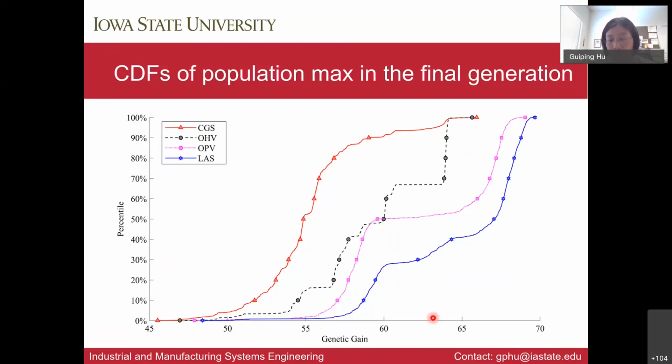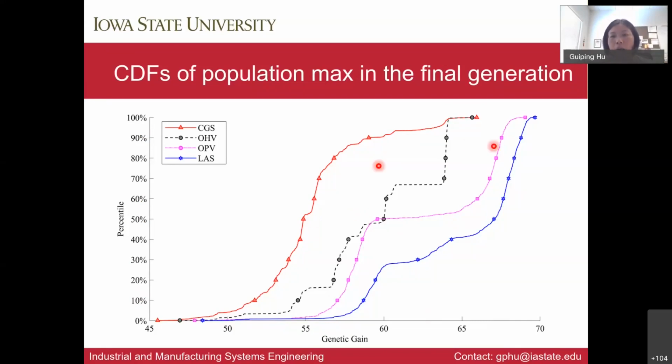The x-axis is the genetic gain, and the y-axis is the percentile. So you can think of, if you have a 50 percentile and draw a line across, this is about the average GEBV value in the terminal generation. The general rule is that the further right the curve is, the better the selection method is.